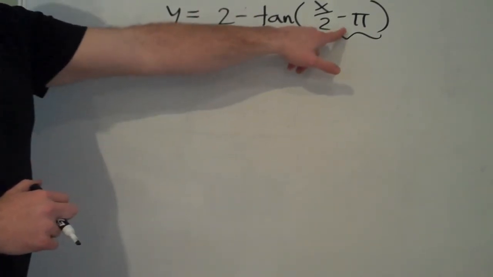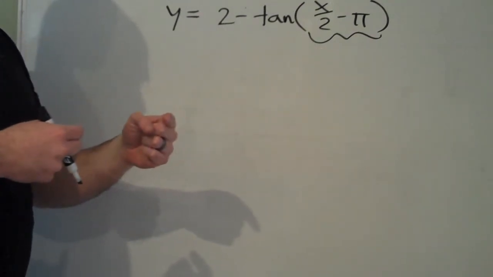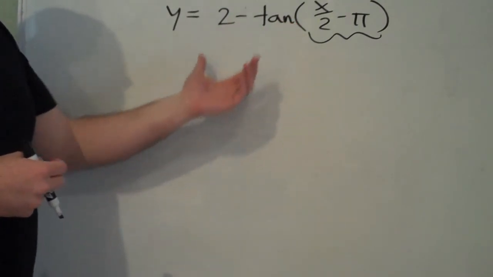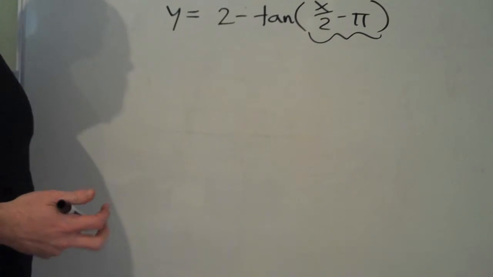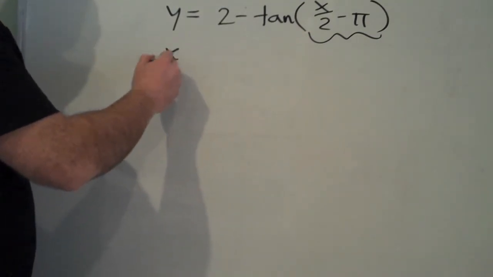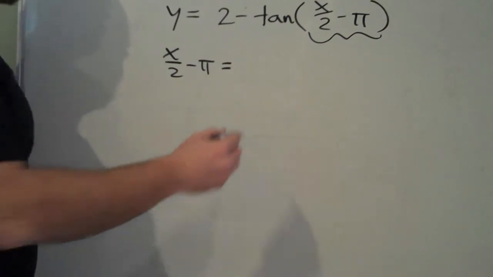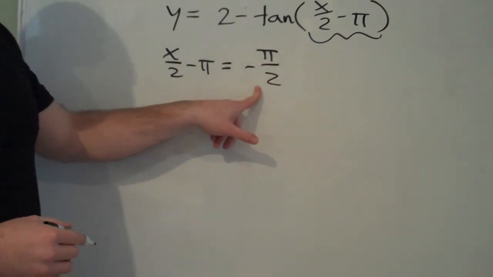So this isn't going to move the left and right endpoint of tangent. It's going to move the asymptotes. So instead of talking about finding the left endpoint and the right endpoint, which we've been doing for the past few days, we're going to be taking x over 2 minus pi. We're going to set that equal to negative pi over 2, the left asymptote.